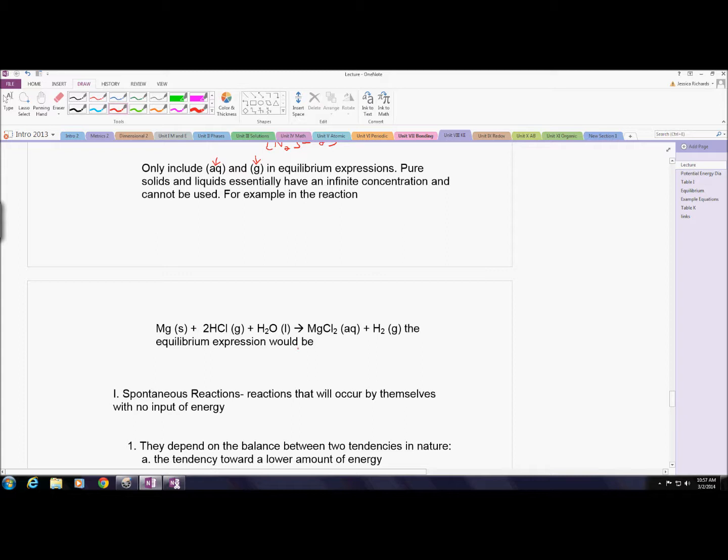If you were setting up an equilibrium equation for this example, we would ignore the solid magnesium, we would ignore the liquid water, and we would only have the concentration of magnesium chloride raised to the first power times the concentration of hydrogen raised to the first power divided by the concentration of HCl raised to the second power.